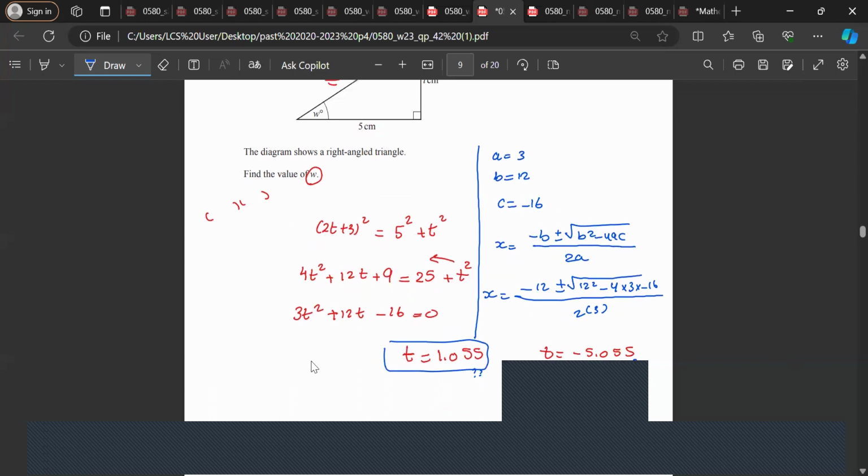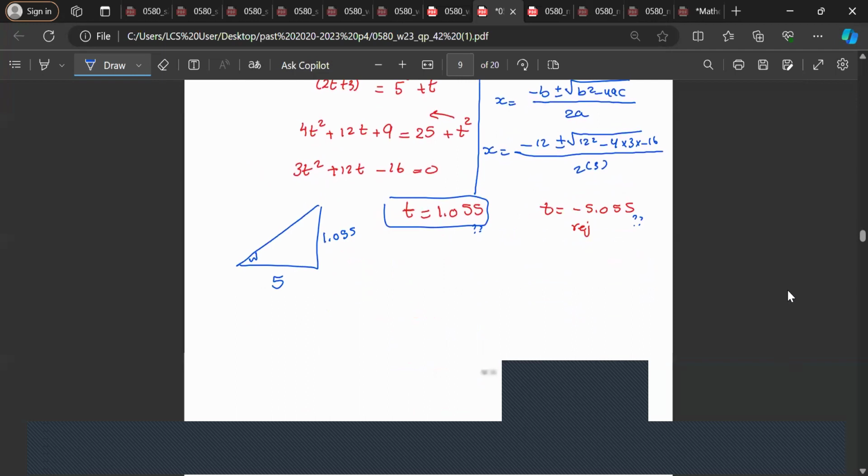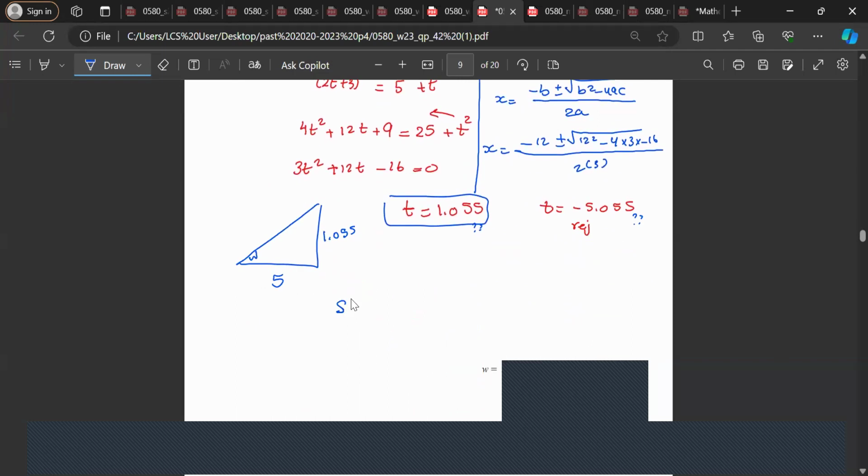So I have to substitute, but I have this triangle. This is W, this is 5, and this is 1.055. I will use what? I will use the sine ratio. Sin W equals 1.055 over 5.